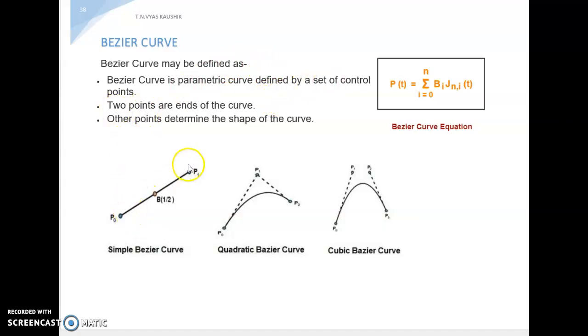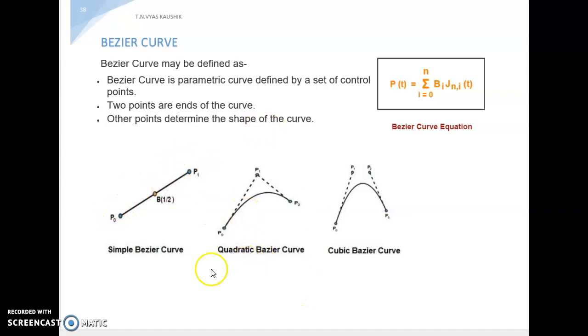It has 2 points known as the end points, and all other points in between determine the shape of the curve. This is a simple Bezier curve, this is a quadratic Bezier curve, and this is a cubic Bezier curve. In the simple Bezier curve, between the starting and the ending point, there is one point which lies in the same direction, that is, on the line connecting the starting and the ending point.